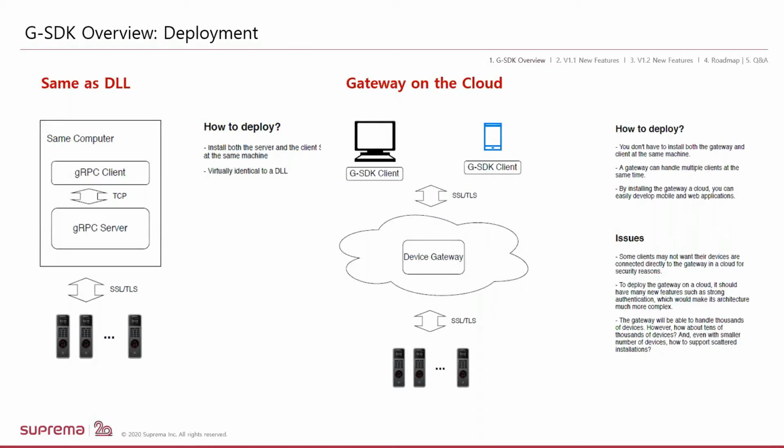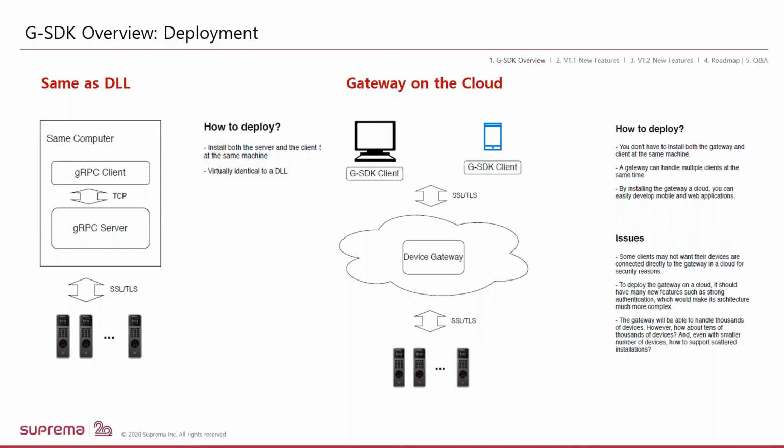And another problem is that some of our customers might not want to install their device gateway on the cloud itself for security reasons. And another thing is that many cloud-based applications should provide multi-tenant support. But in this architecture, multi-tenant is not so easy to provide.